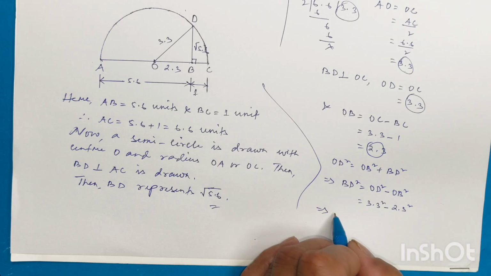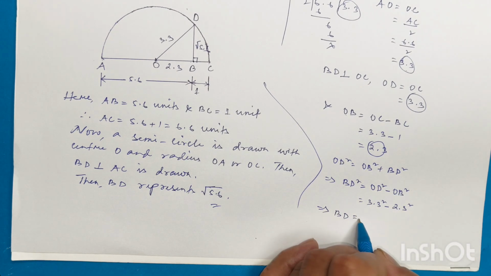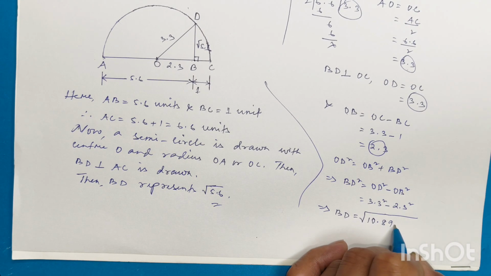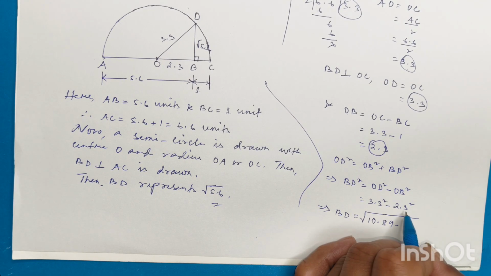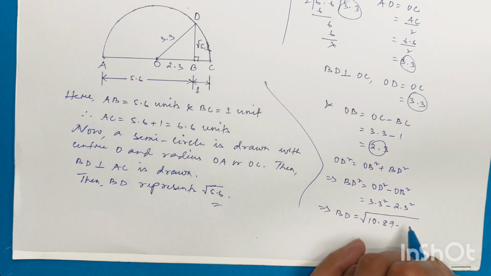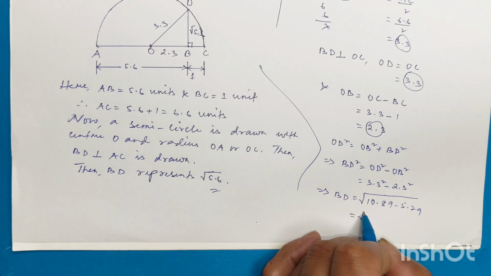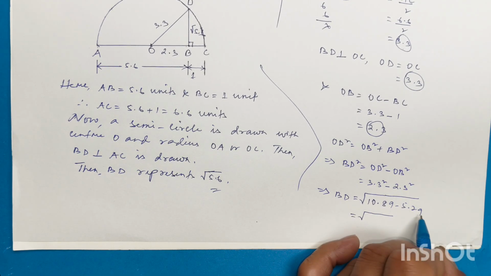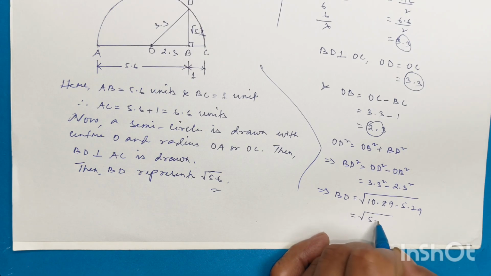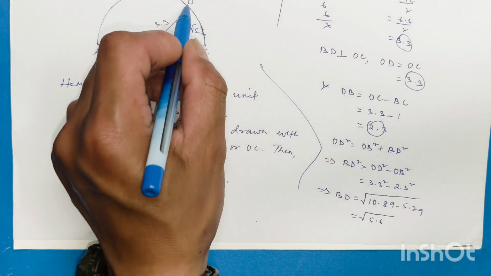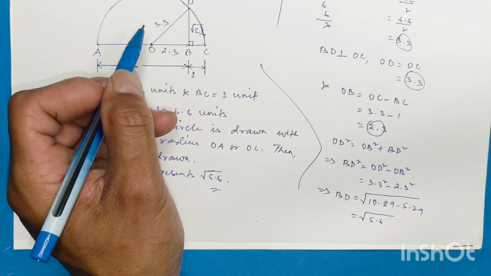Implies BD equals square root of it. 3.3 square, 3.3 times 3.3, you will get 10.89, minus 2.3 times 2.3, you will get 5.29. When 10.89 is subtracted by 5.29, we get 5.6. That is why the length of BD is root 5.6. So I think you understand.